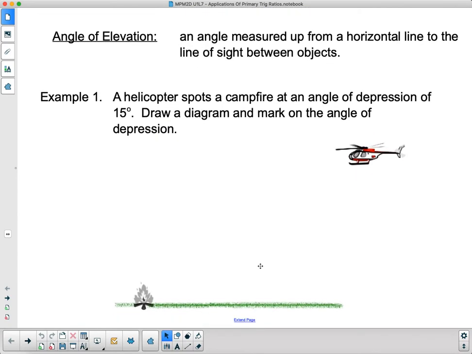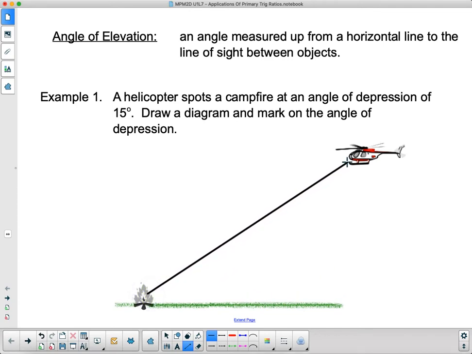So here's one. We're just going to draw the diagrams. We're not going to do any math calculations on this one. So this says, example 1, a helicopter spots a campfire at an angle of depression of 15 degrees. Now the first thing you have to do is put on the line of sight from the two objects.